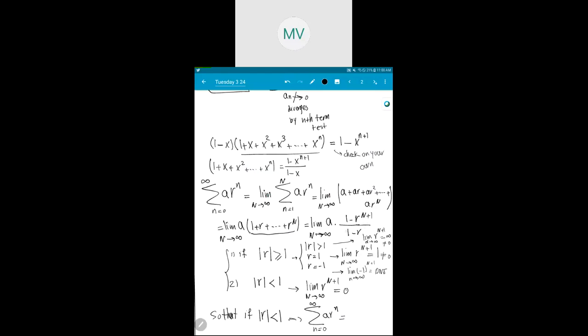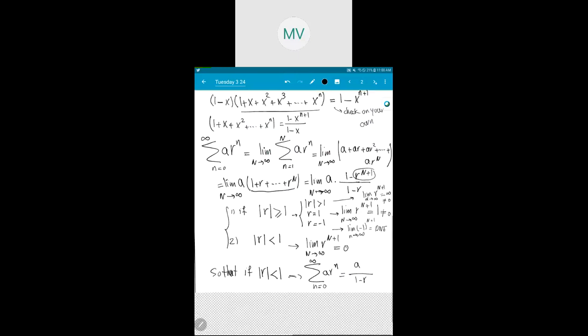If R is strictly less than 1, that term goes to 0, so our limit has no n. That means it's going to be A over 1 minus R. And there you have it. It's very simple to memorize, because it's the first term over 1 minus the ratio.